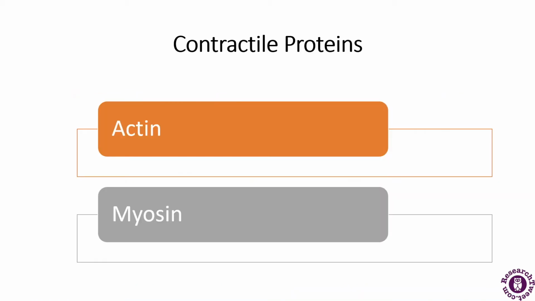So this is the structure of a contractile protein. Contractile proteins, as I have already told you, mean actin and myosin, where actin has a thin filament and myosin has a thick filament.